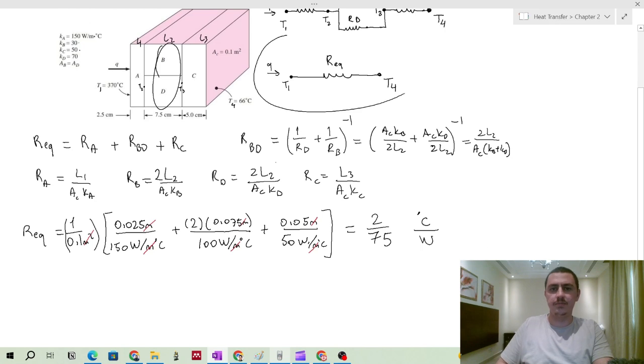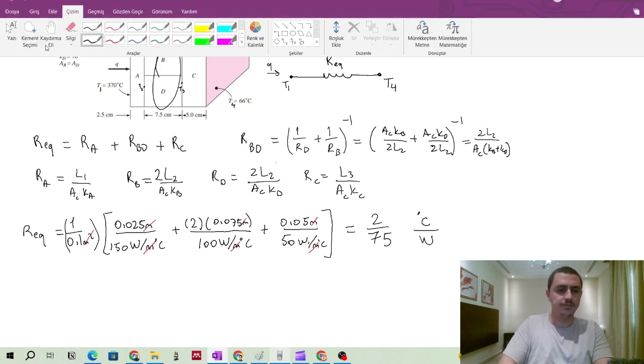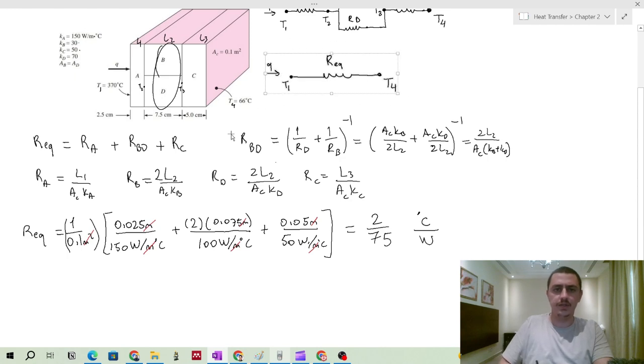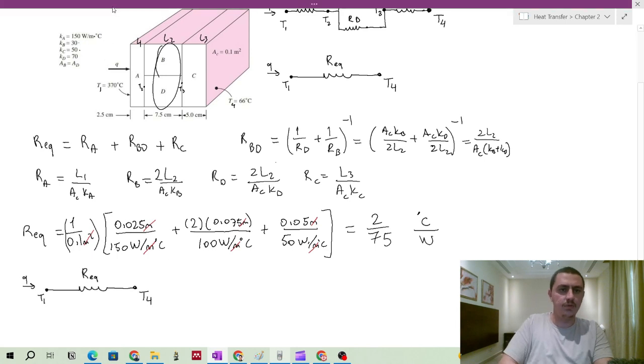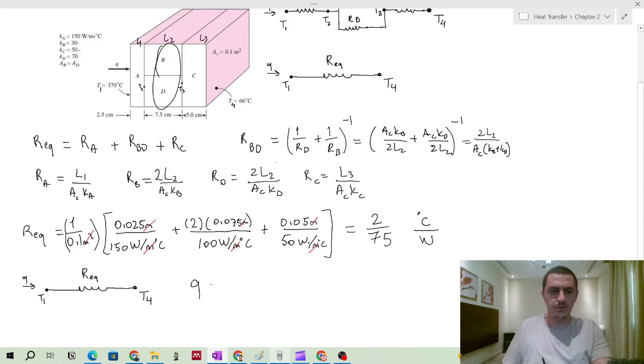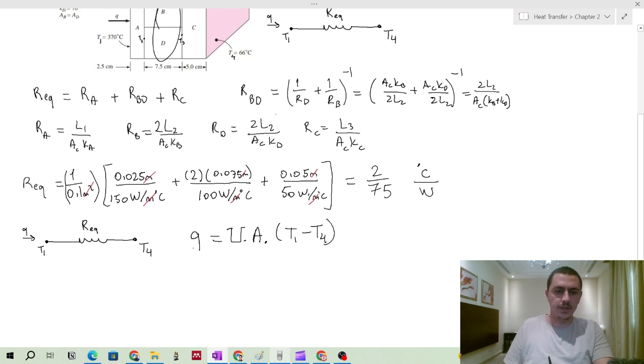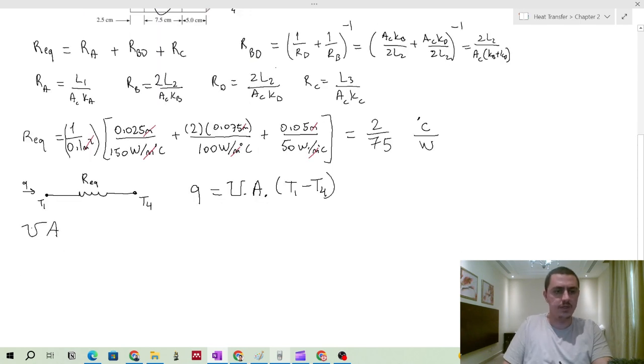Then let's solve this problem now. Since we know the R equivalent, we can calculate the overall heat transfer coefficient. Okay, if we remember the formula, Q for the problems that we have multiple resistances, it will be overall heat transfer coefficient multiplied by area multiplied by delta T, which is now T1 minus T4, the bigger value being T1. And U times area is equal to just 1 over R equivalent.